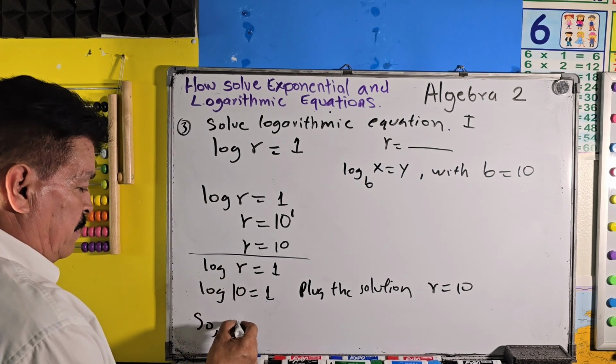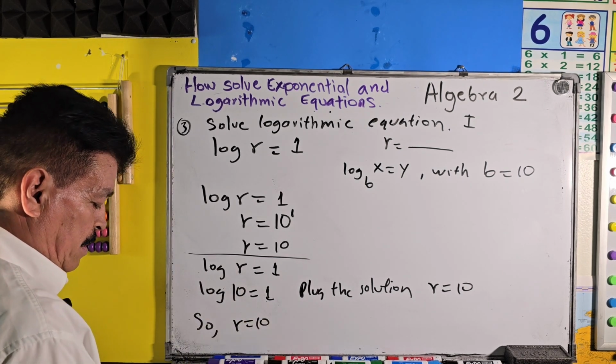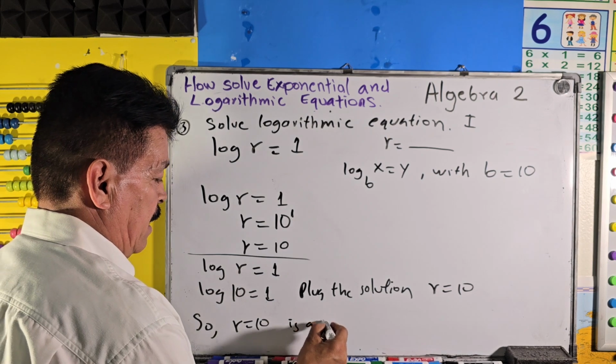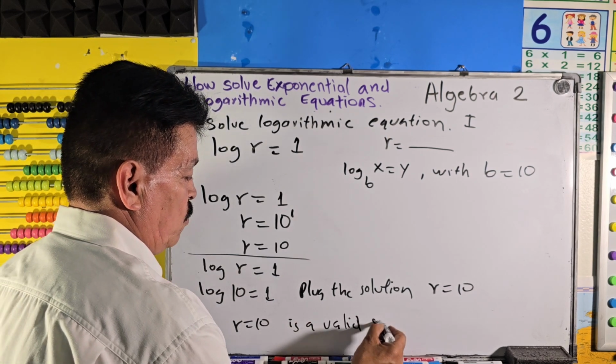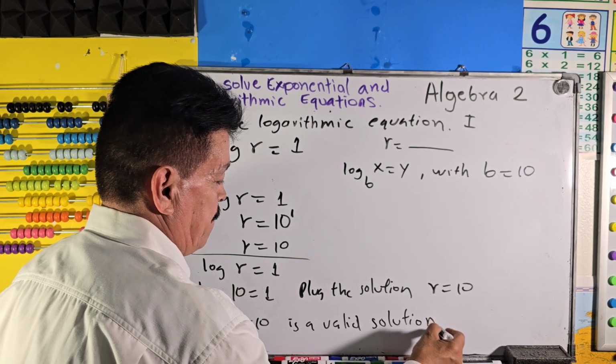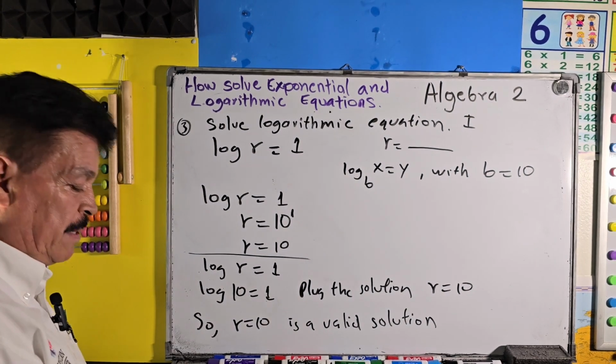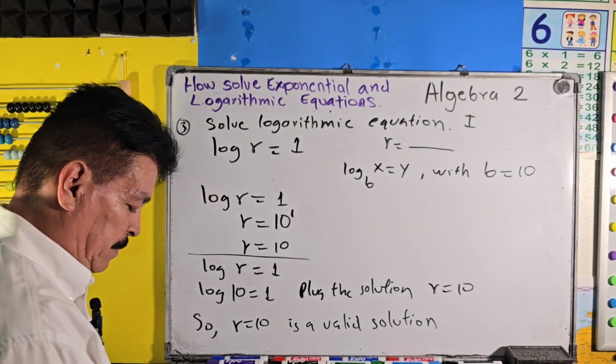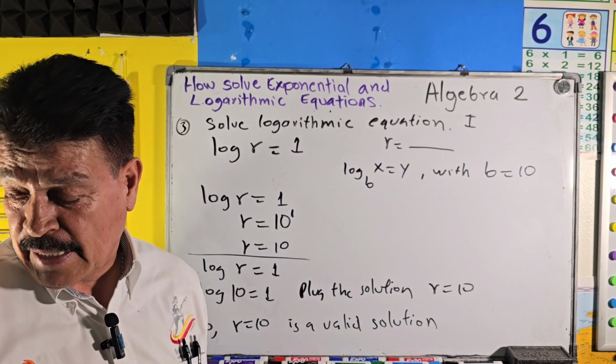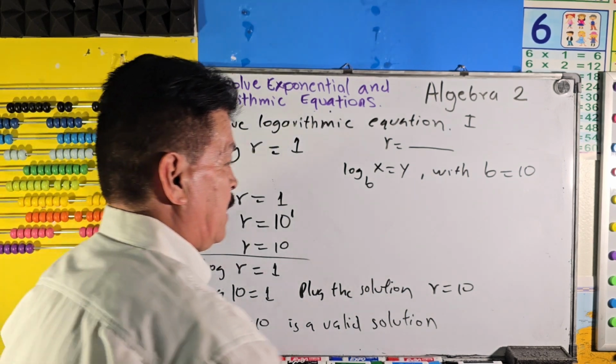The answer r equals 10 is a valid solution. It is very simple, not hard, not complex, very easy.